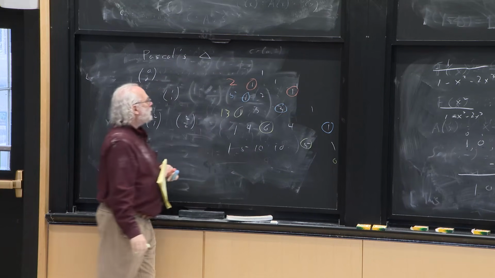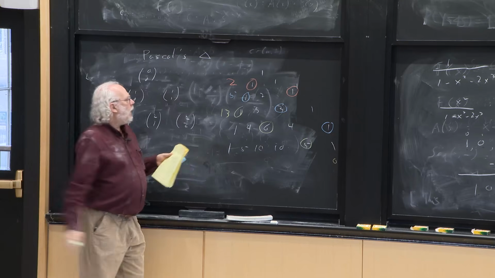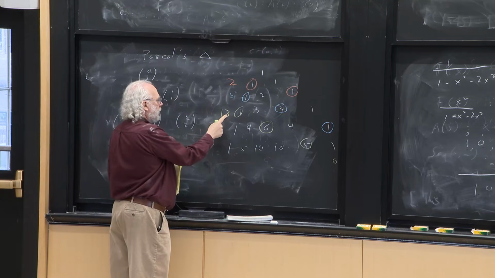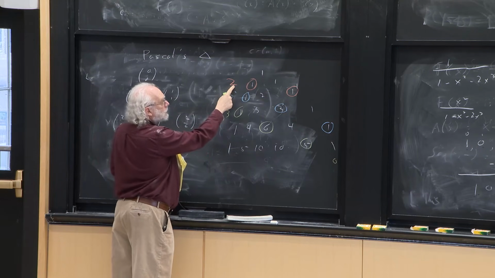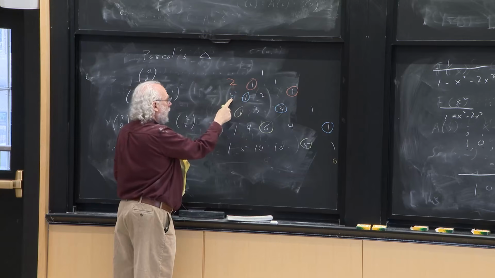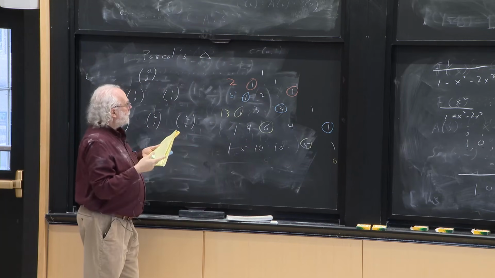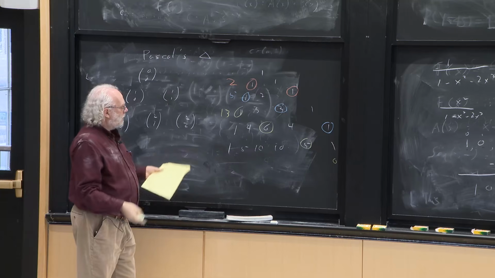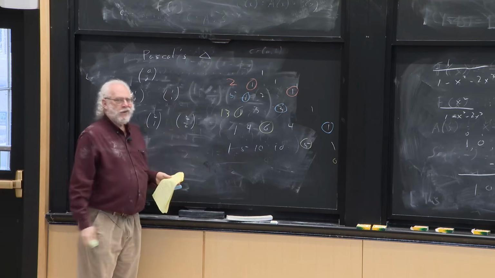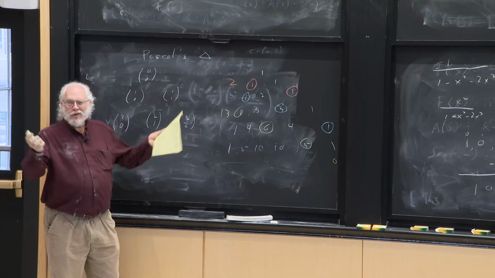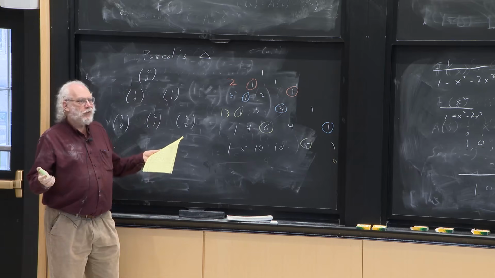And you happen to notice that these are Fibonacci numbers. 2 is the third Fibonacci number, 5 is the fifth, 13 is the seventh, etc. Once you've noticed this, you can ask, how can I prove it?